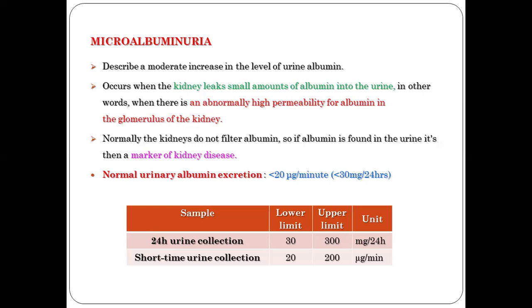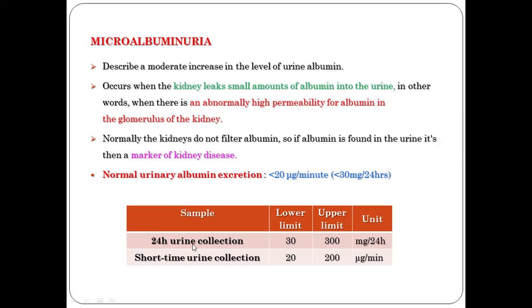If it is more than or equal to 300 mg per 24 hours, that is macroalbuminuria. So keep in mind, if you are taking a 24-hour sample, the lower limit should be 30 and the upper should be 300 mg per 24 hours. That is 30 to 300 mg per 24 hours.